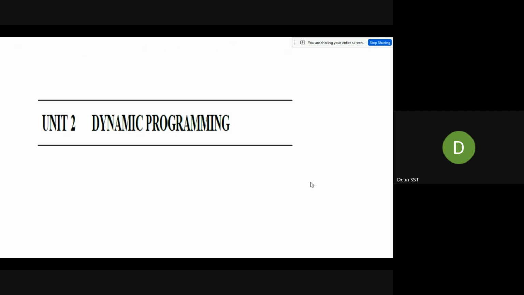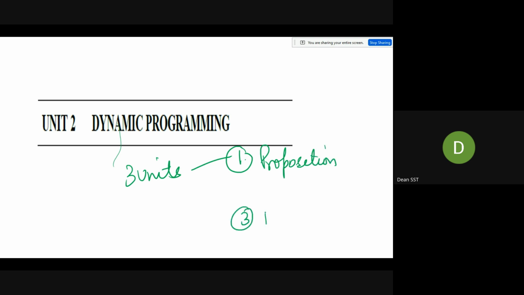Then from here, we can start dynamic programming. Actually, this book is book number 1, and this book is having 3 units. First was your proposition, third one was your Boolean algebra and logic gates.